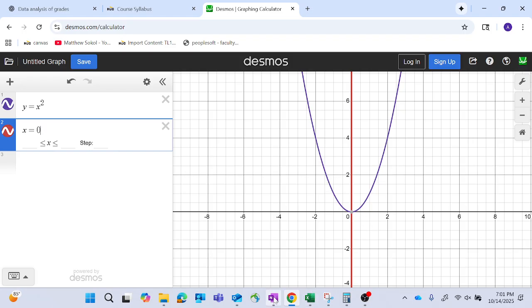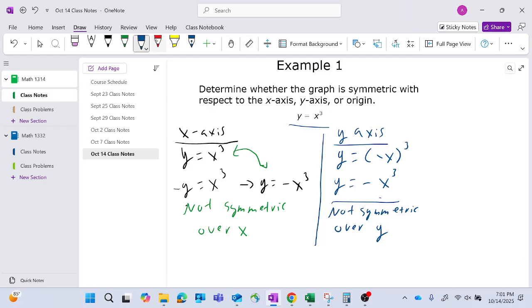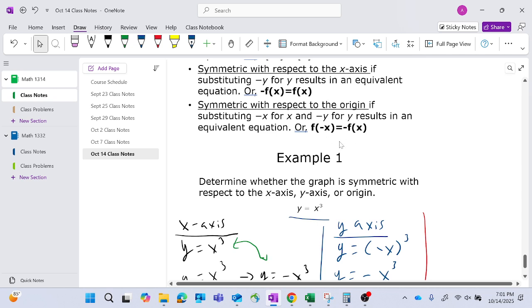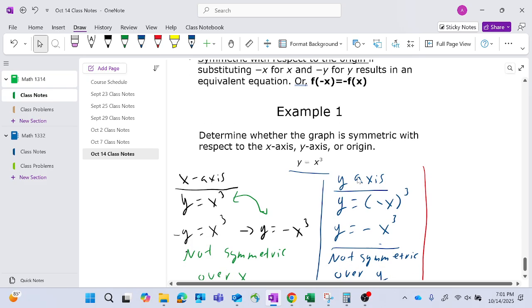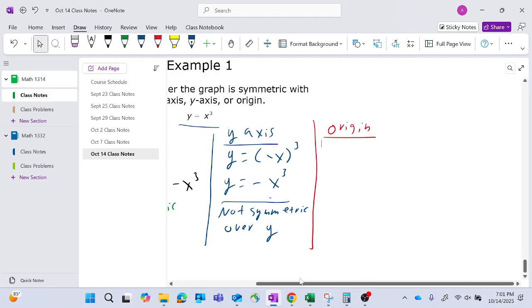All right. And now I want over the origin. What the origin says is that if you replace the x with a negative, it should equal the negative of the original. What that basically means is that we have y equals x cubed, right? Origin can be a little confusing. We're going to go step by step for this one.